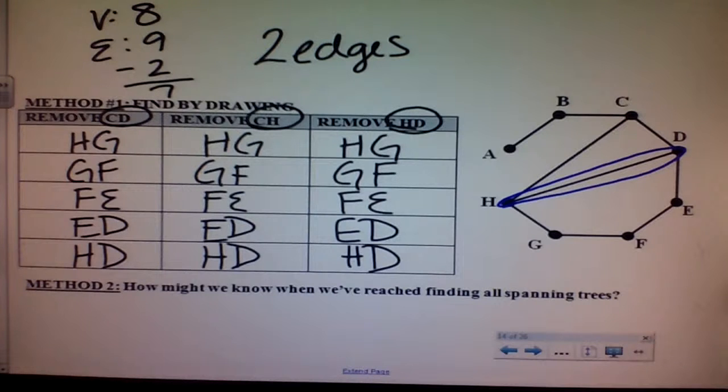What is wrong? It got HD twice. I'm removing HD. Well, I sure can't remove it again. So when I remove H to D from the first circuit, I only have 4 options on that second circuit. So now, instead of having 15 options, I have 14.